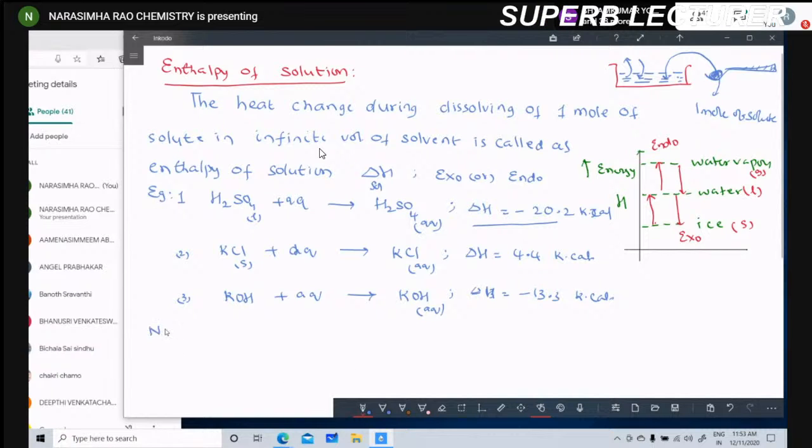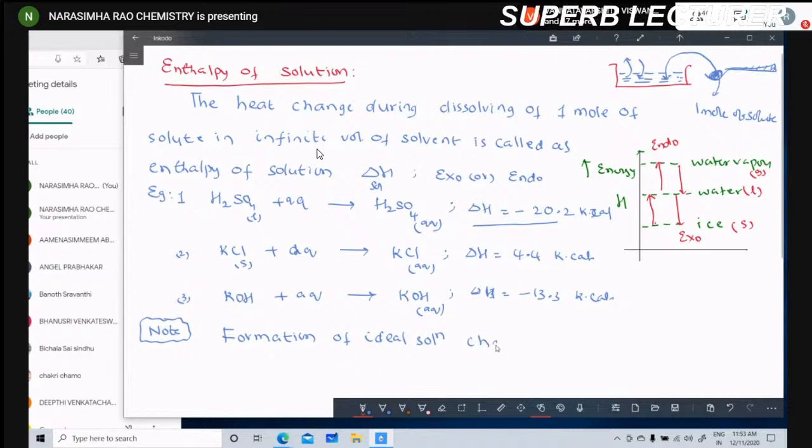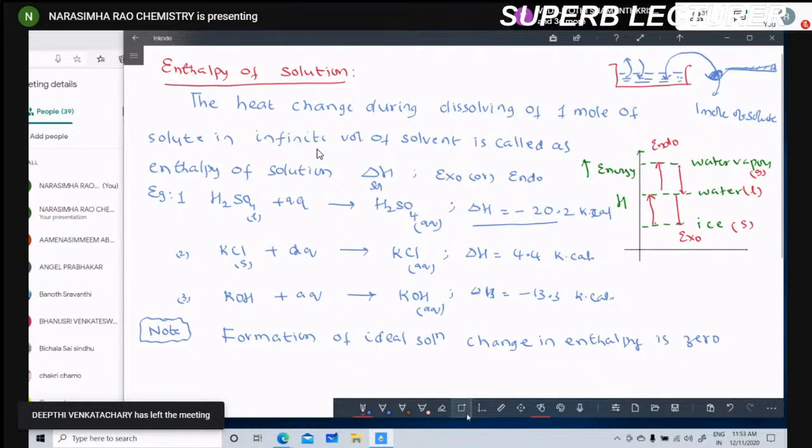Now note this point. Later you will know about this point. In the formation of an ideal solution, the change in enthalpy is 0.